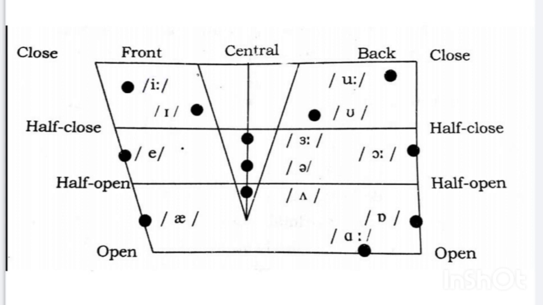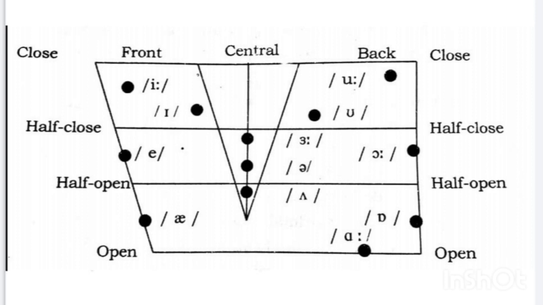Among back vowels, three are long. That makes it 4. And among central vowels, this is the long vowel. So the central vowel and three back vowels are the long vowels.